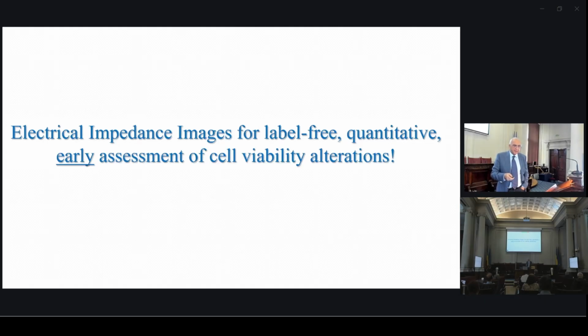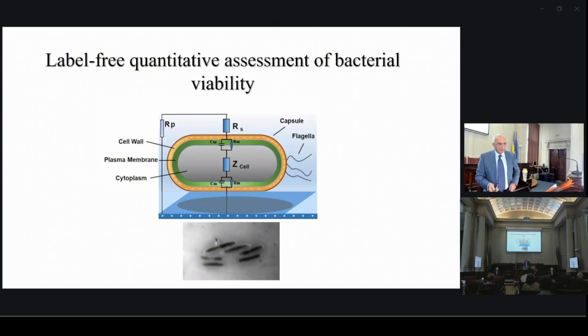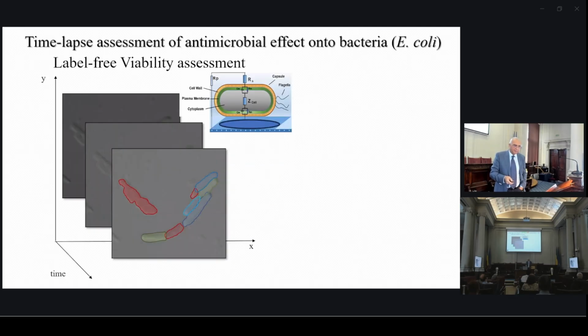The problem is that whenever we talk about population, we gain, of course, average information. What I would like to point out is that these techniques provide information at single cell level, and I will emphasize this. The most important thing, related to the title, is the capability to assess the viability of bacteria.